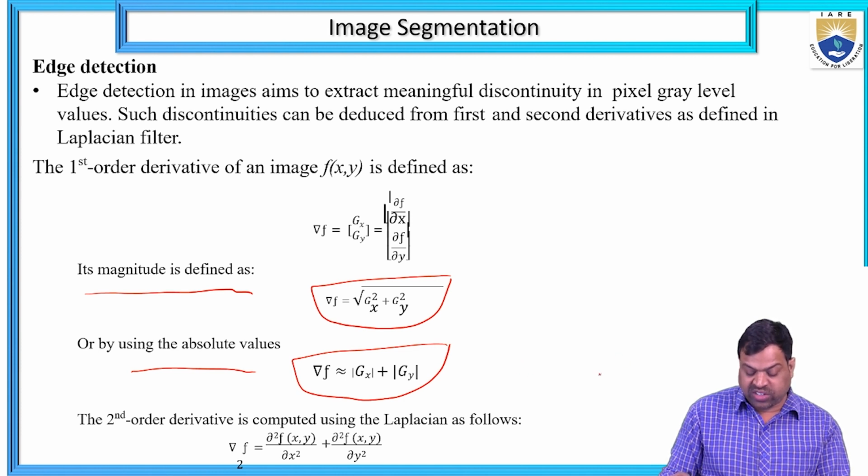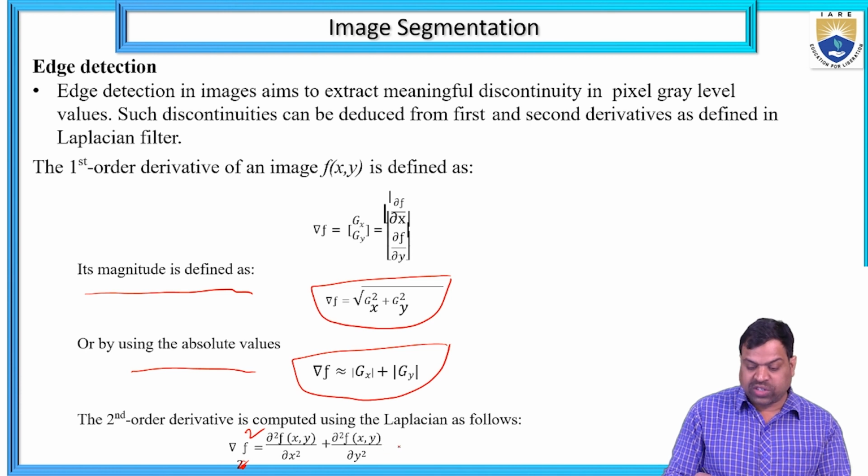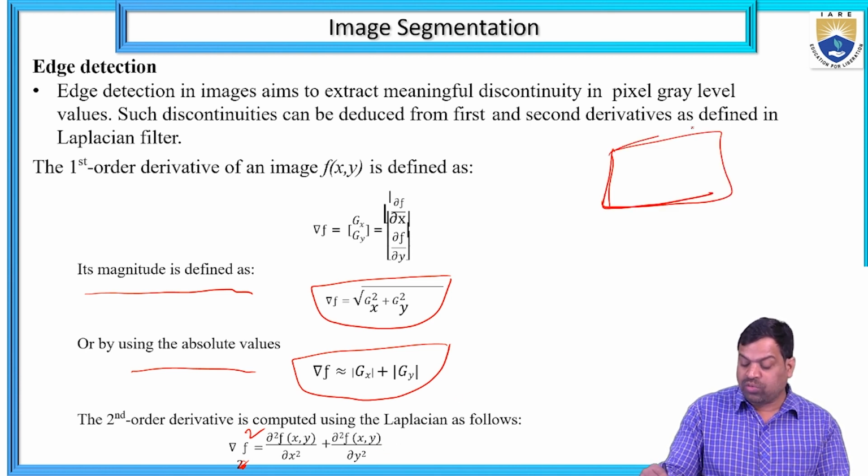The second order is ∇²f = ∂²f/∂x² + ∂²f/∂y².